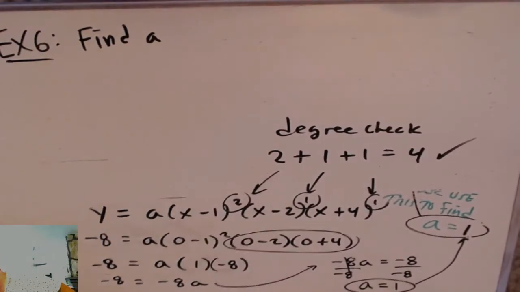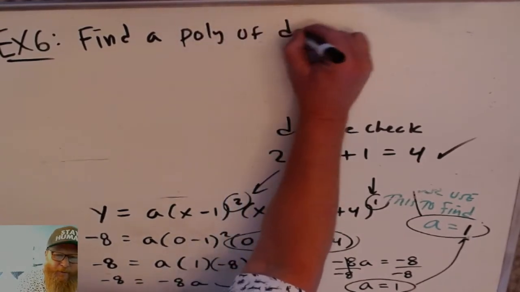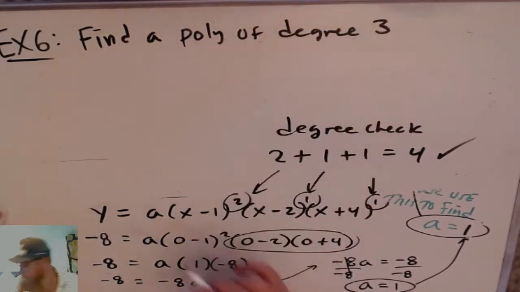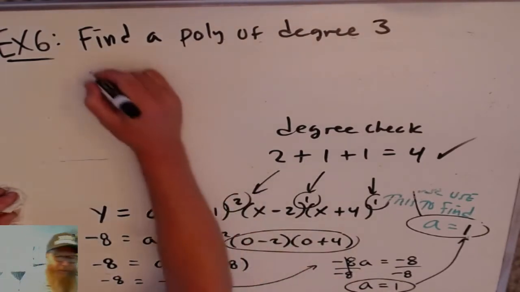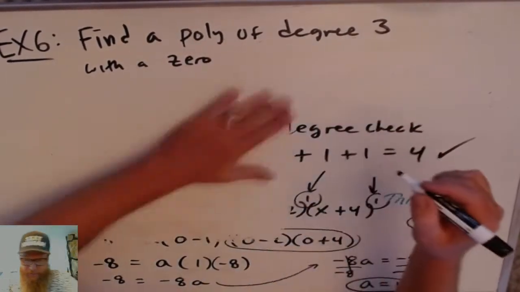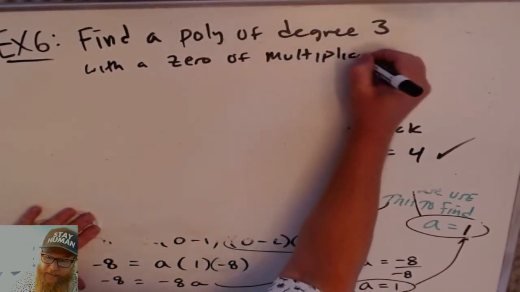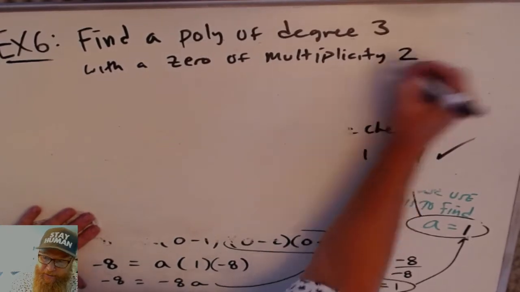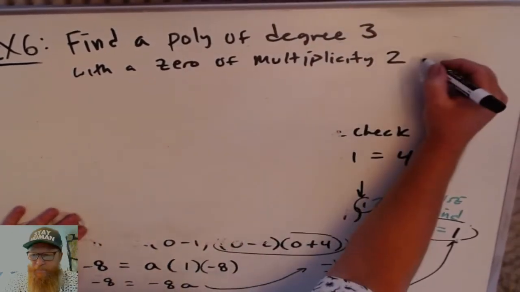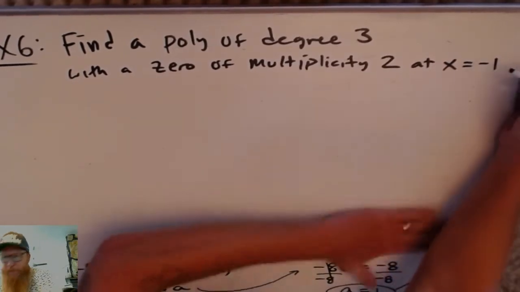How about this one? Find a polynomial of degree 3 with a 0 of multiplicity 2 at x equals -1.